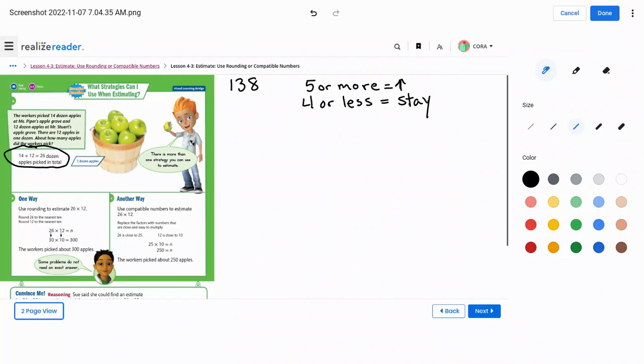We're going to take 14 plus 12. And the reason for that is because the workers picked 14 dozen at Mrs. Piper's, and then another 12 dozen at Mr. Stewart's. So we want to know altogether how many dozens of apples did they pick. So 14 plus 12 would be 26.